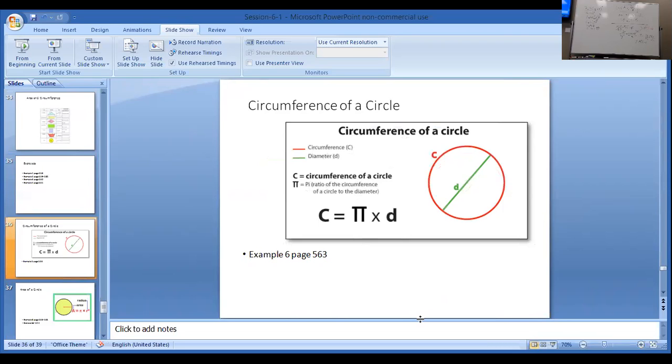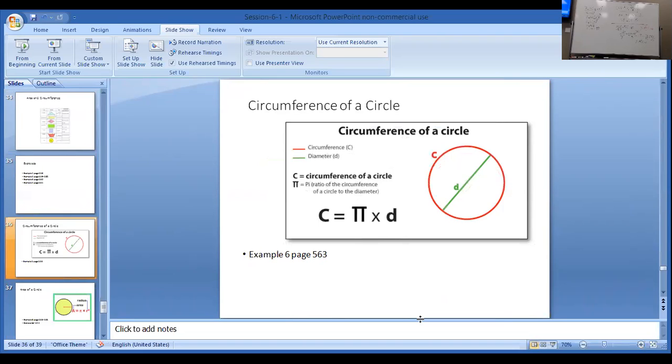All right. Let's look at example number 7. How much trim, to the nearest tenth of a foot, is needed to go around the window shown in figure 10.48? The trim covers the 6-foot bottom of the window and the two 8-foot sides, but then we have a semicircle at the top.